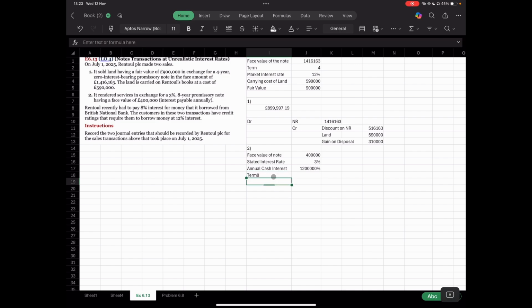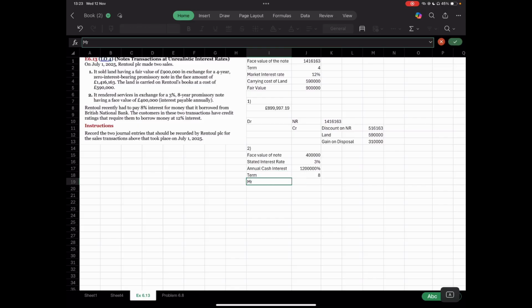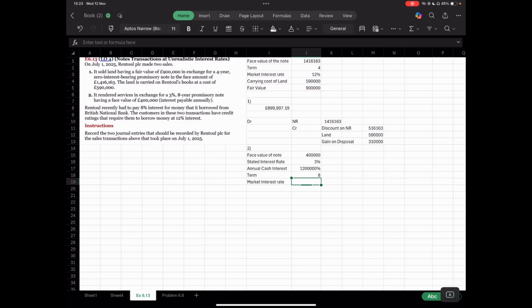Market interest rate, 12%. First, we calculate the present value of principal. So this note has two cash flow streams: the annual interest payments, an annuity, and the principal payment at maturity, a single sum.